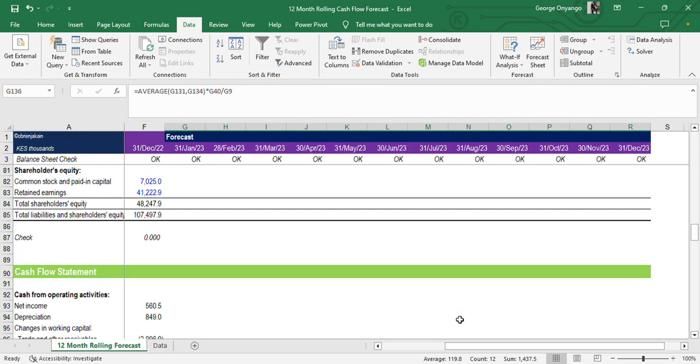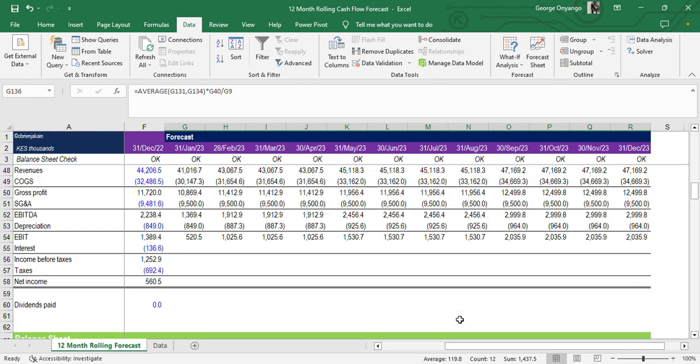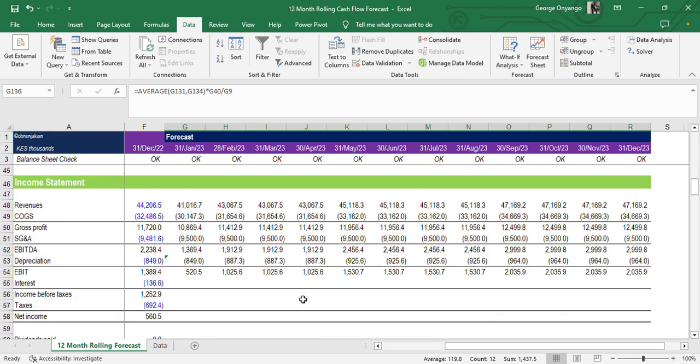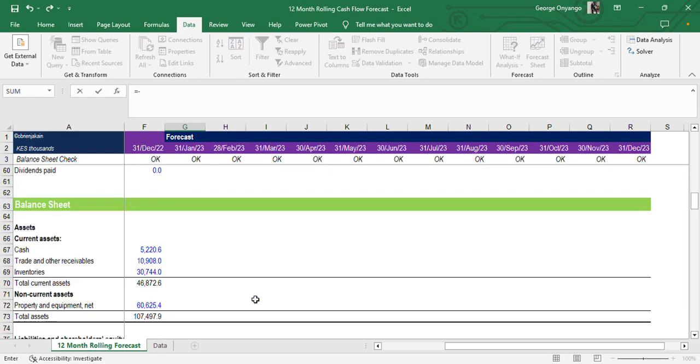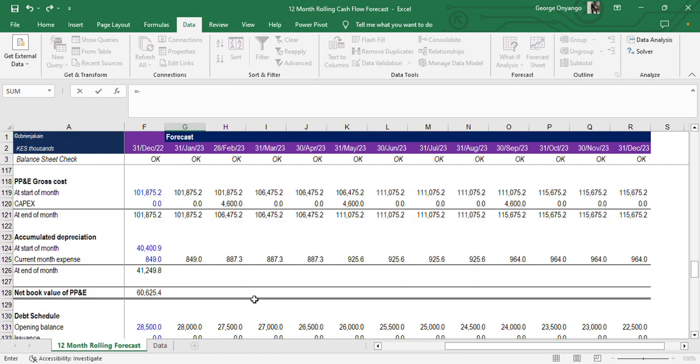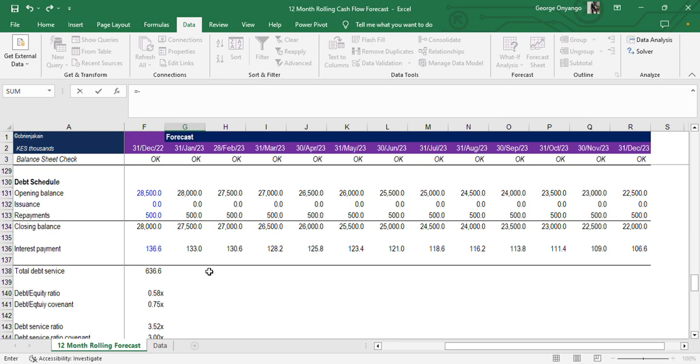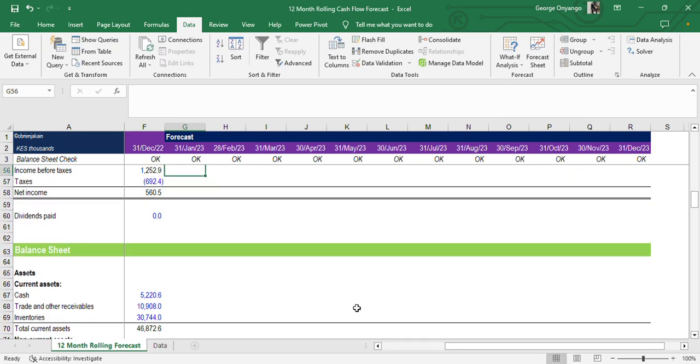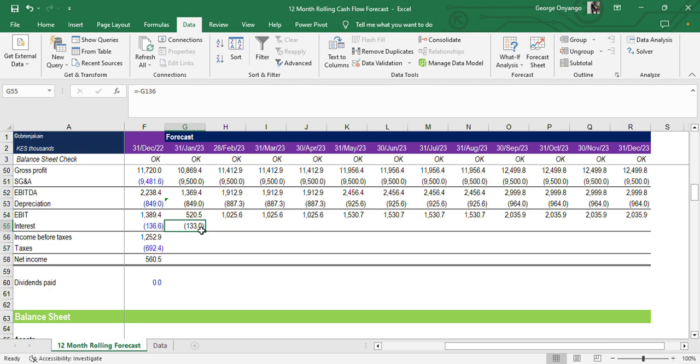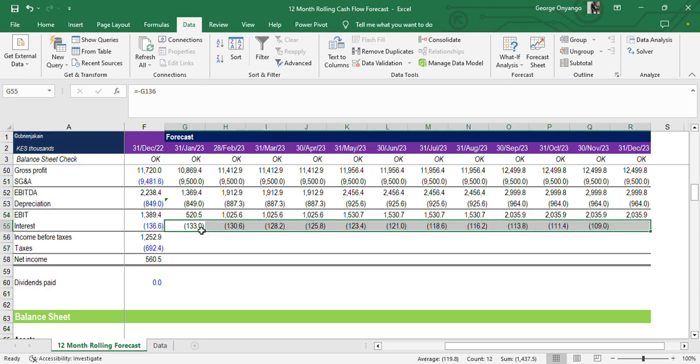Then we can now come back to our income statement and say that our interest is that. So we can simply fill that right and get the projection of interest for the next 12 months.